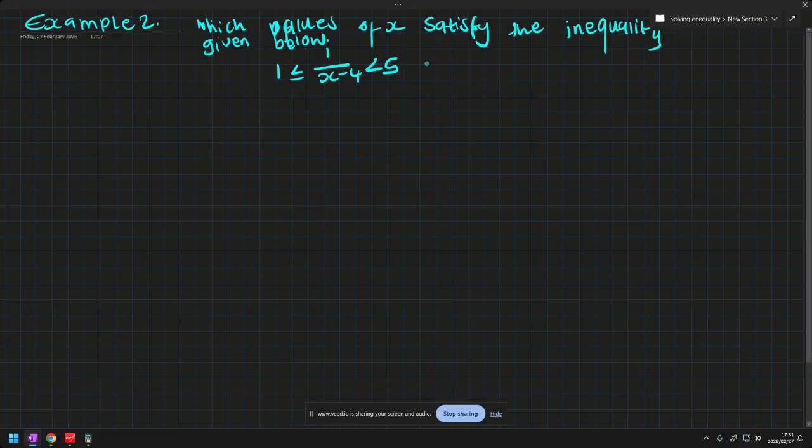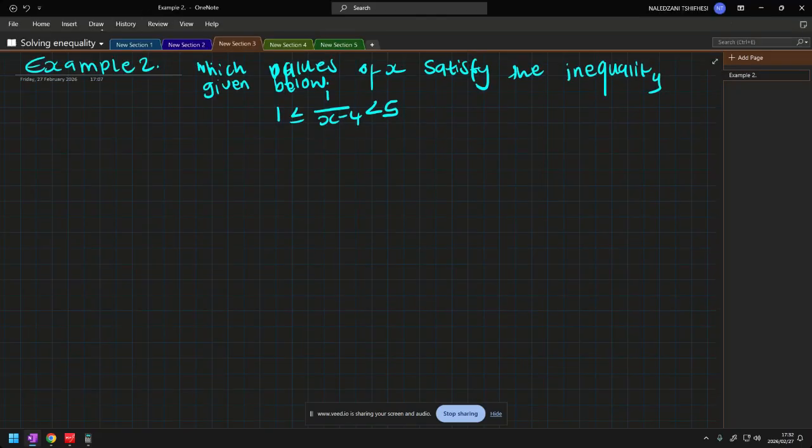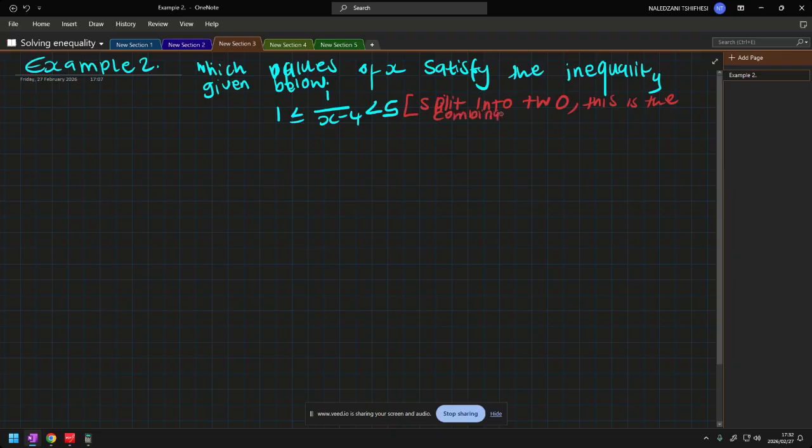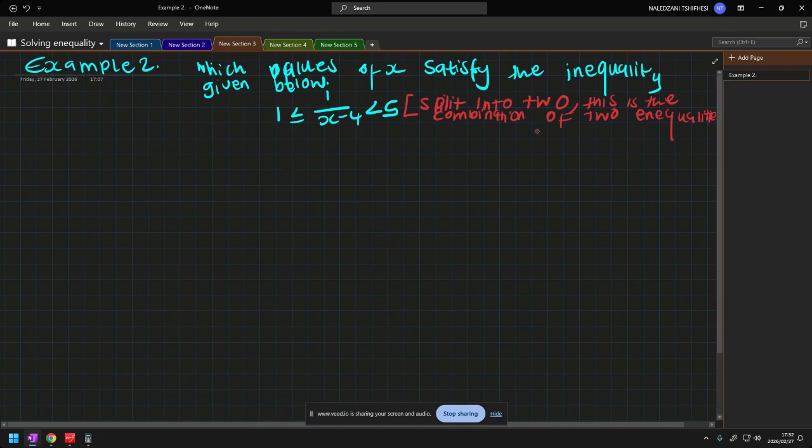We have to actually split into two, because this is the combination of two inequalities, right?